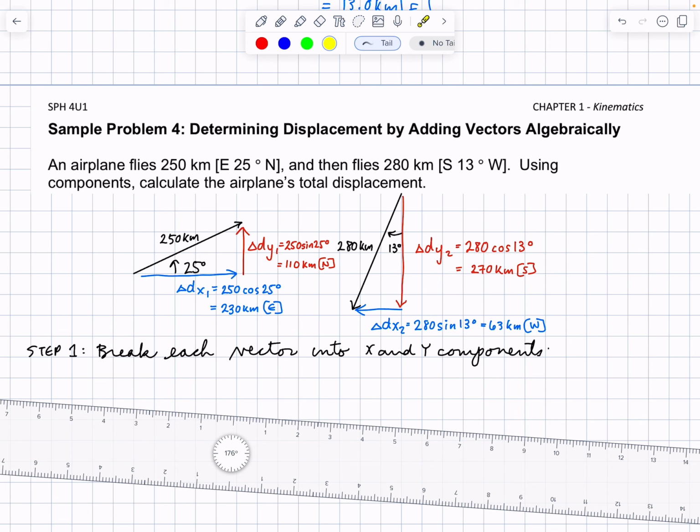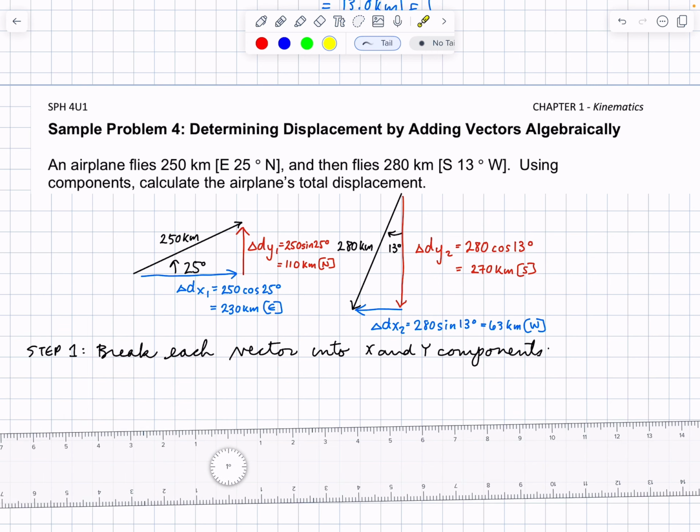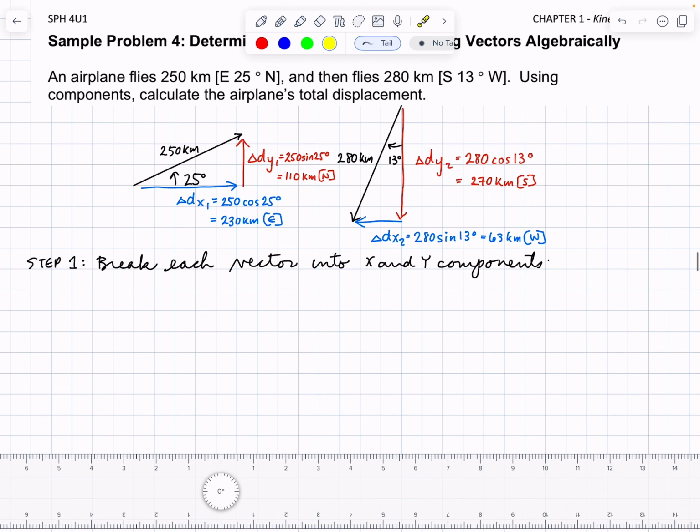All right, now that we've broken each vector up into x and y components, our second step is to add up all the x components and add up all the y components.